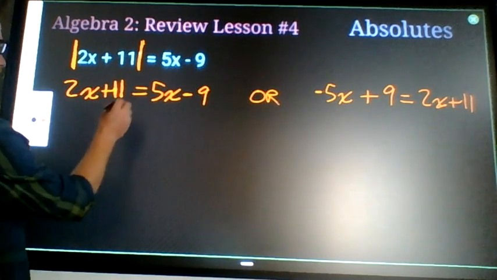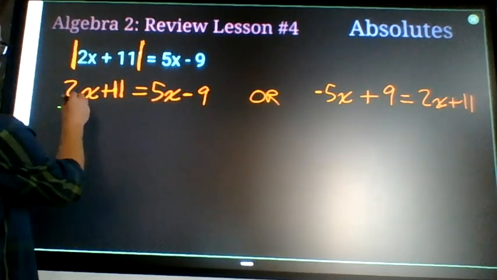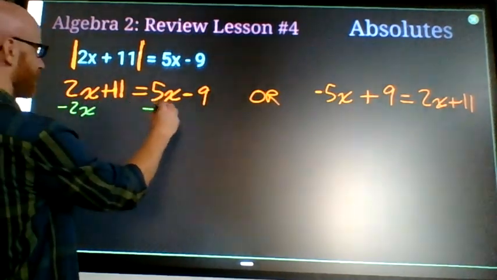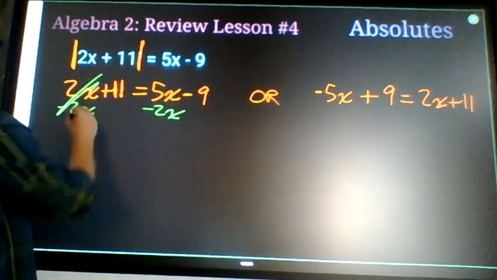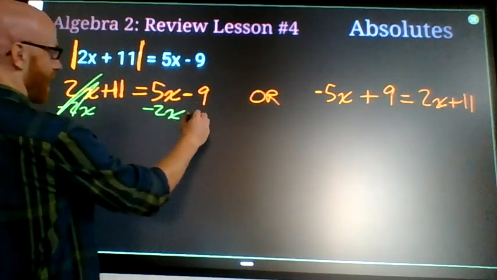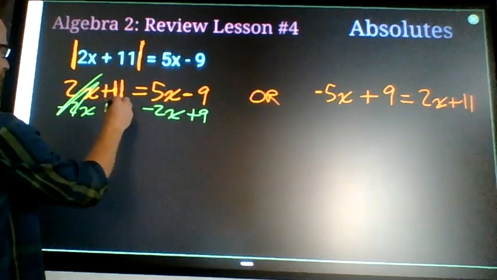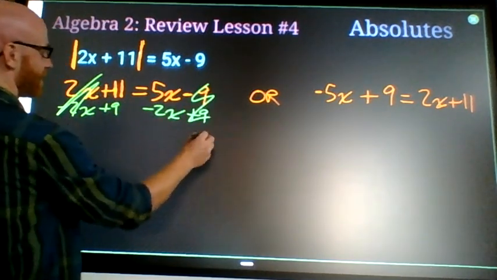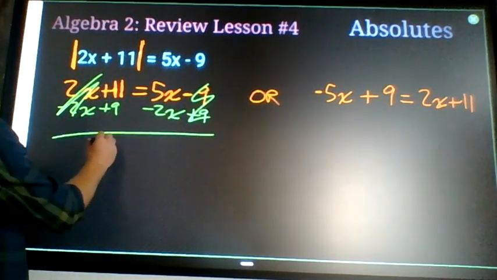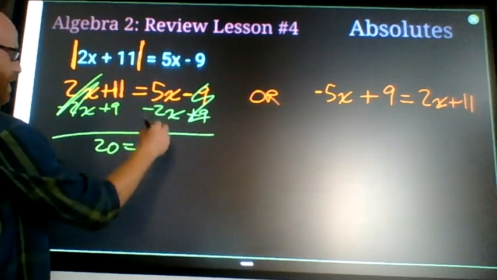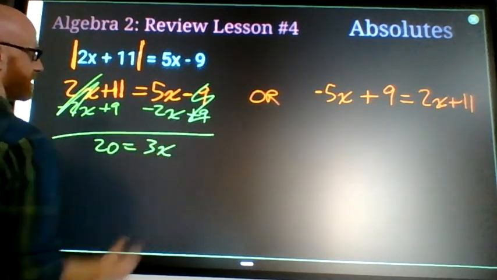let me subtract 2x. Let's get rid of that. Let me add 9. Let's get rid of that. 20 equals 3x.